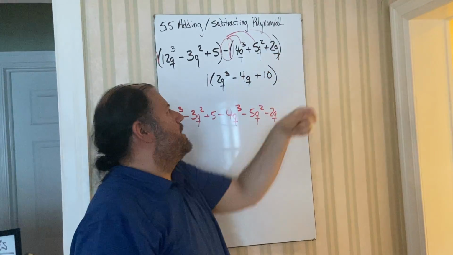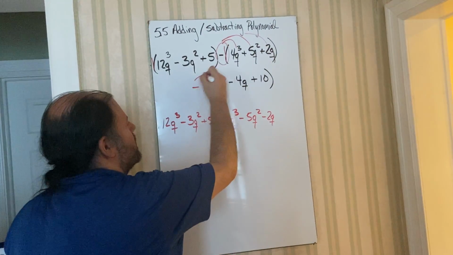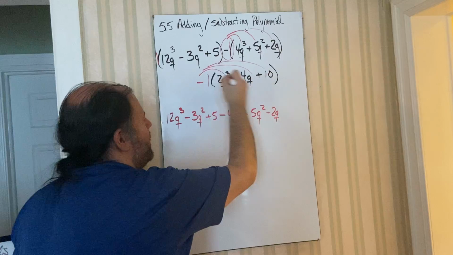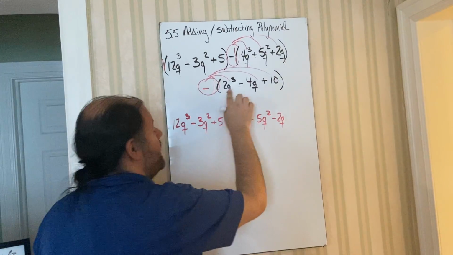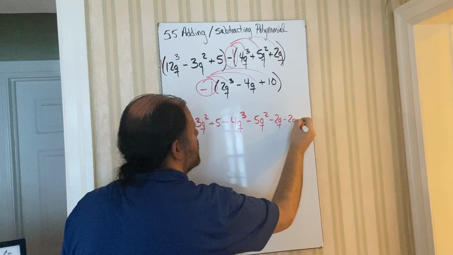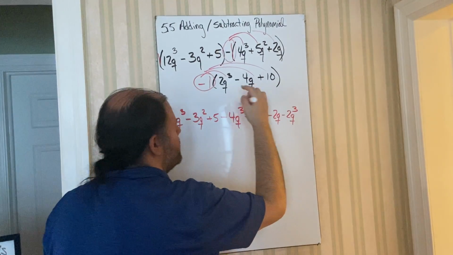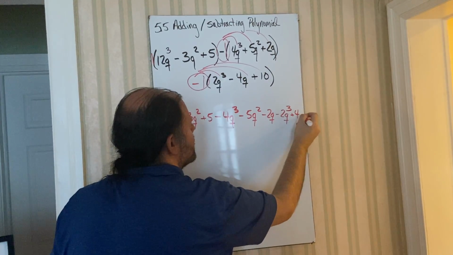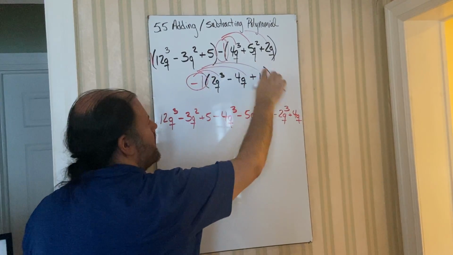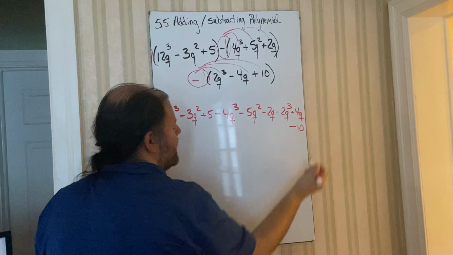Maybe I should have made the negative over here. So you're going to distribute a negative 1 out, not only the number, but its sign that was in front. So then we get negative 2q cubed. Then positive 4q. And then a negative 10. I'll just put it at the end.